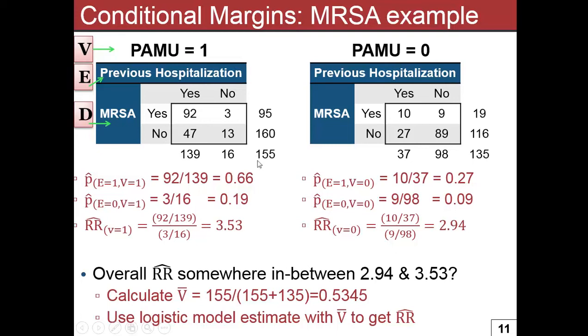We're going to look at what SAS gives us for this situation. In the stratum of V equals 1, where you have previous antimicrobial use, the risk ratio in that stratum is 3.53. And in the PAMU 0 stratum, it's 2.94. Okay?